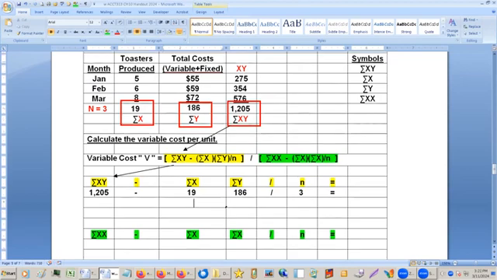Okay, probably the easiest thing to do is to do this first. So 19 times 186 divided by 3. We'll get a number for that, and then we can figure out what this is going to be. Okay, so we have 1205, copy this down. So 19 times 186, and then we're going to divide it by 3 and come up with a number here.